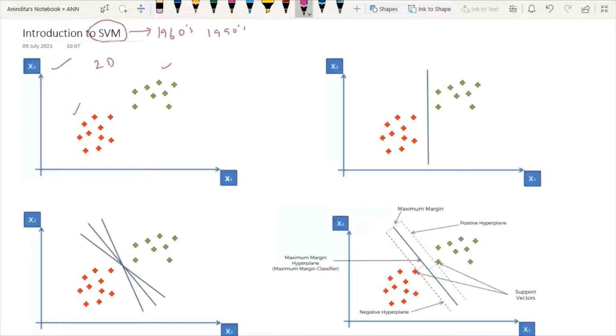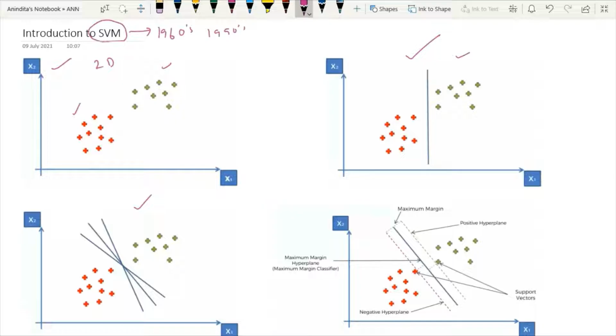Today our objective is to find an appropriate decision boundary, either by dividing those points in this manner with a single line or with diagonal, vertical or horizontal lines. These are the mechanisms that we could follow. So this is our main intention.